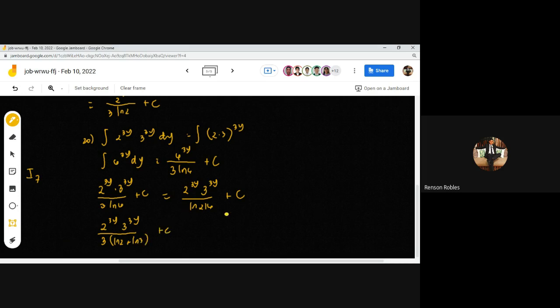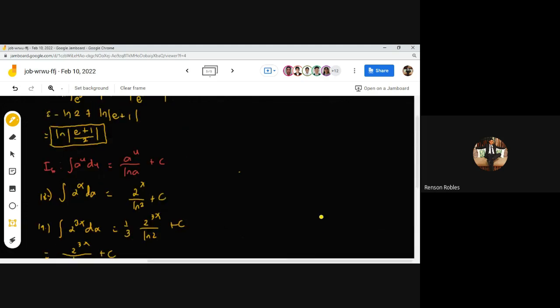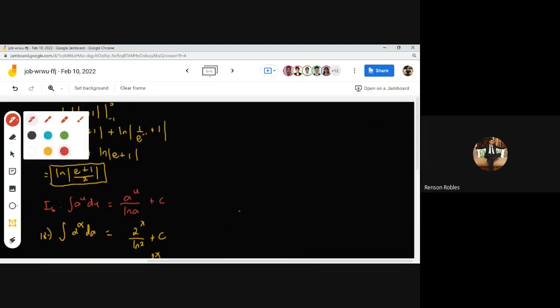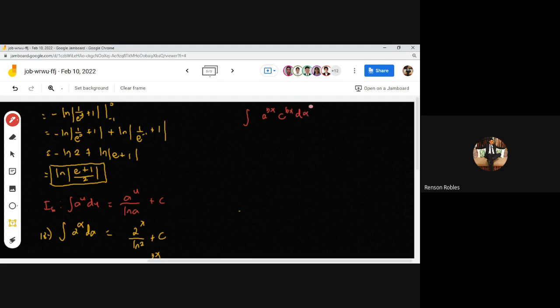Ibig sabihin pala, sir, we can generalize this form, okay? Whenever you have integral of a raised to bx times c raised to bx dx, this is equal to a raised to bx, c raised to bx all over b times ln of a plus ln of c.